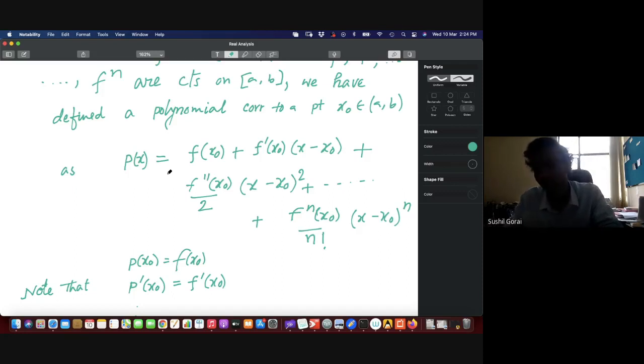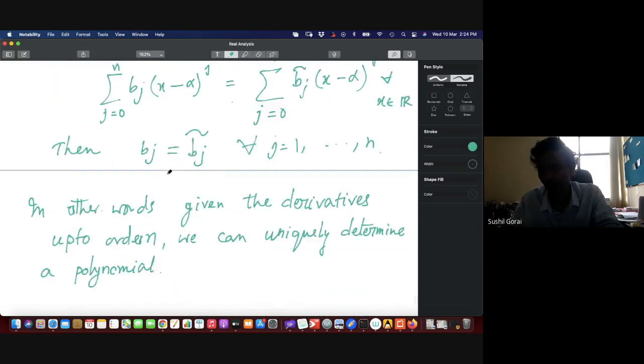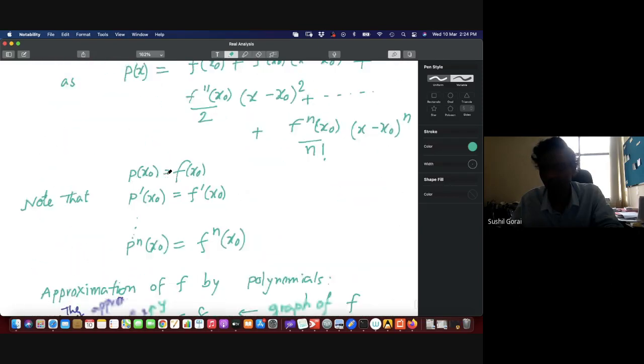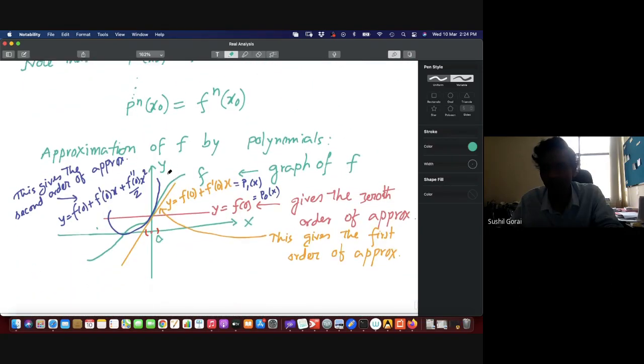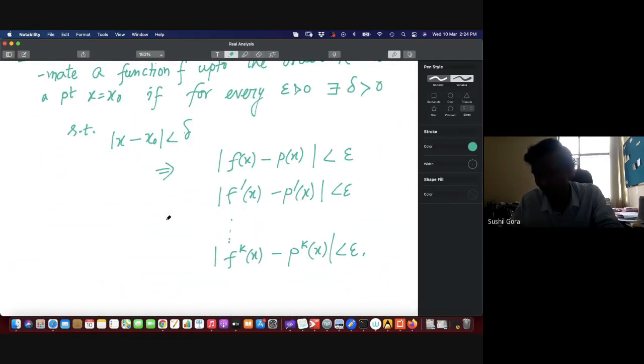Is this clear? Is this part clear, this picture and this definition? Is this clear?